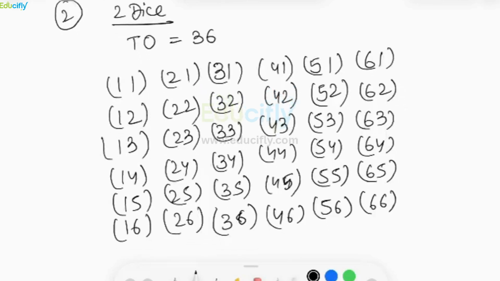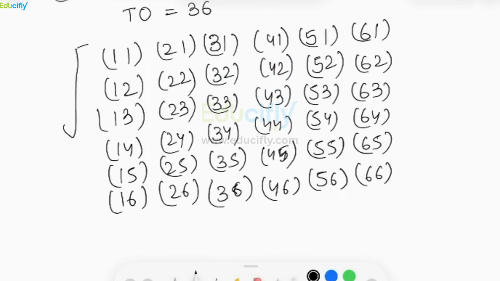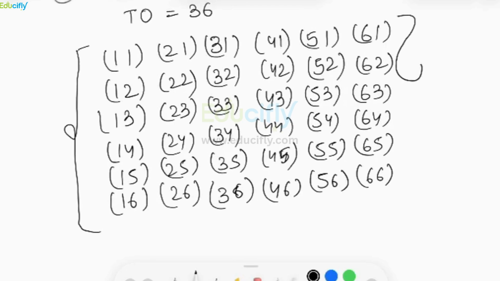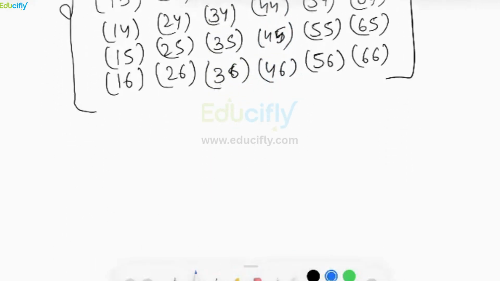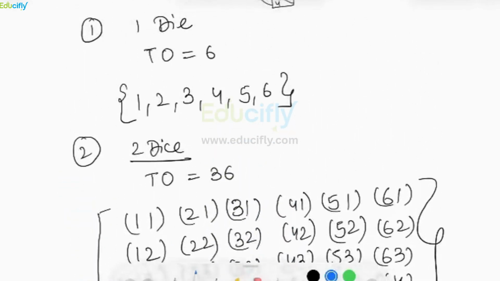That's a total, right? So I'm putting a curly bracket over here. Now let's come back to this. Let me write one more case for you. And if I'm throwing three dice, right? So I'm just writing total outcomes, which is 216 in number. Okay. Now let's come back to the one die case.